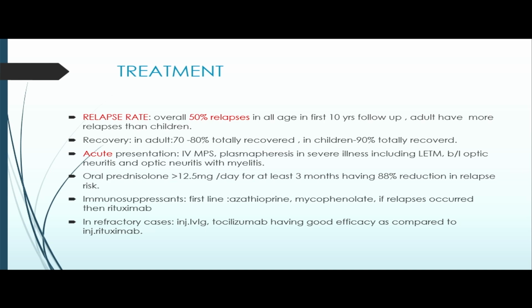Other immunosuppression that can be given is azathioprine, mycophenolate, and rituximab. In refractory cases, or if the patient has recurrent attacks on azathioprine or mycophenolate, IVIG and tocilizumab have good efficacy as compared to rituximab. So these are the MOGAD treatments.